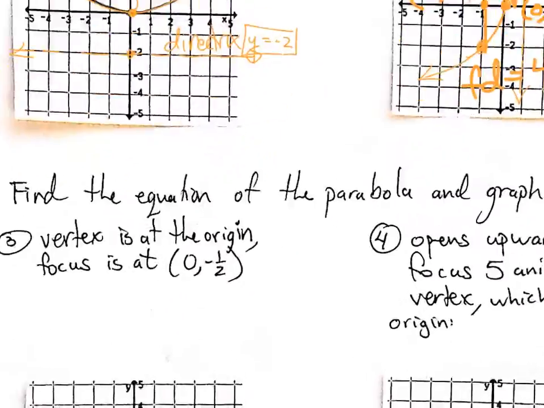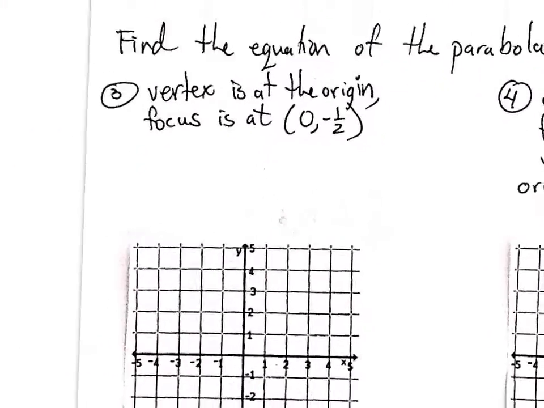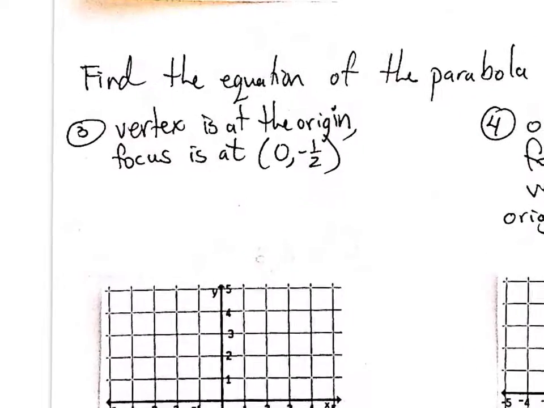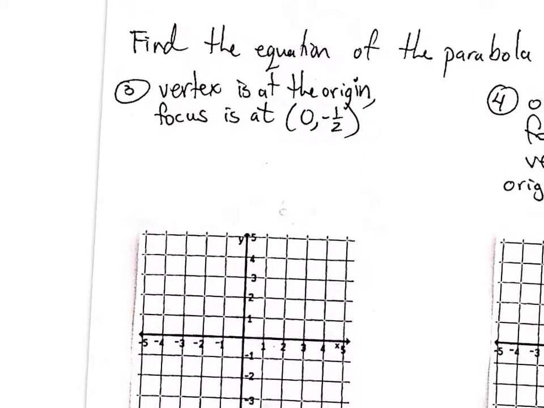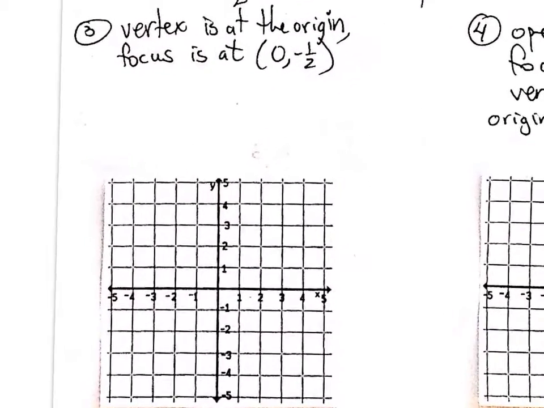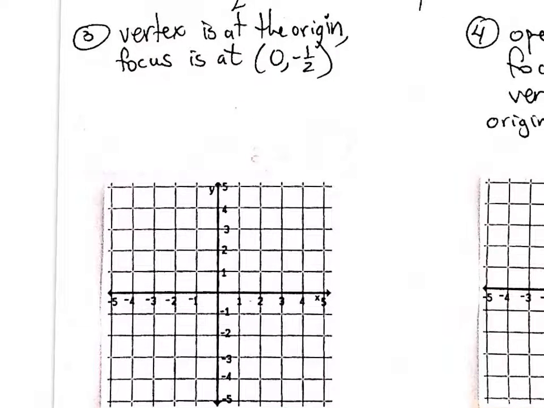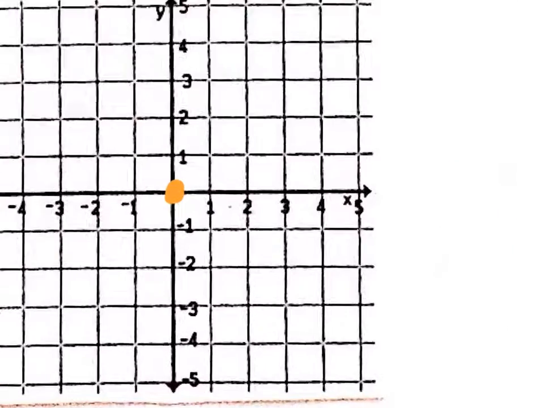Okay, so let's see. Similar, but now we're given some different information. The vertex is at the origin, and the focus is at 0, negative 1/2. So what's that going to look like? Here's our vertex, and the focus is at 0, negative 1/2.